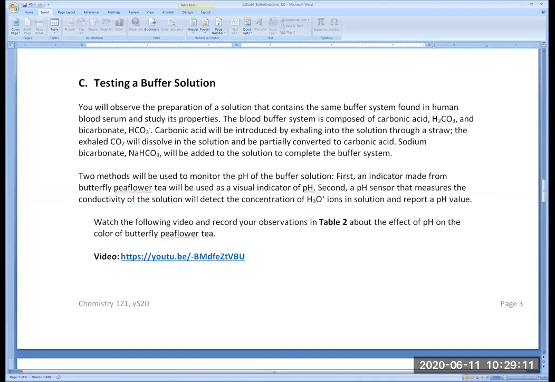And then the second method will be using a pH probe, a pH sensor that reads electronically the pH value. The probe is a chemical system, but it translates into an electrical signal that is then converted into a pH value, and so that will read directly the value of the pH.